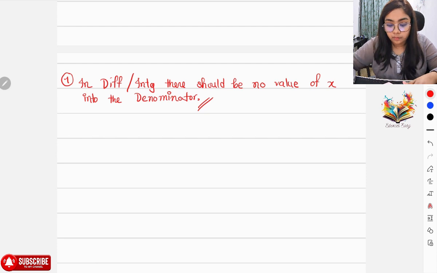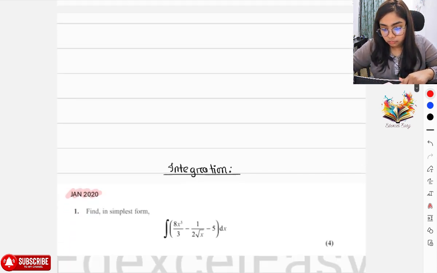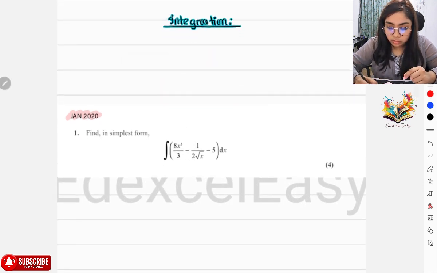Okay, and that is the first rule we got for differentiation. And that is the case for all integration also. Okay, so let's start with integration now.